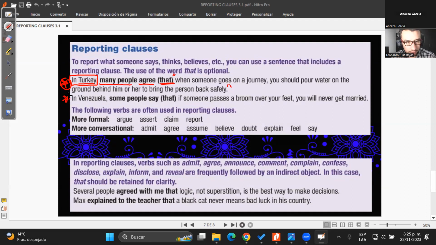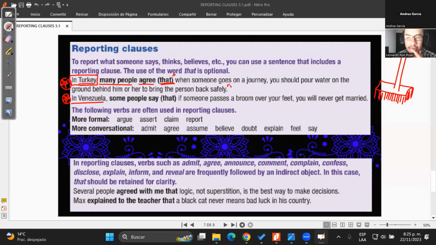Second one, Andre, please. In Venezuela, some people say that if someone passes a broom over your feet, you will never get married. Exactly. That's what they say. Teacher, what is broom? A broom is something that we use to sweep. It's the same as here, but here it is different.